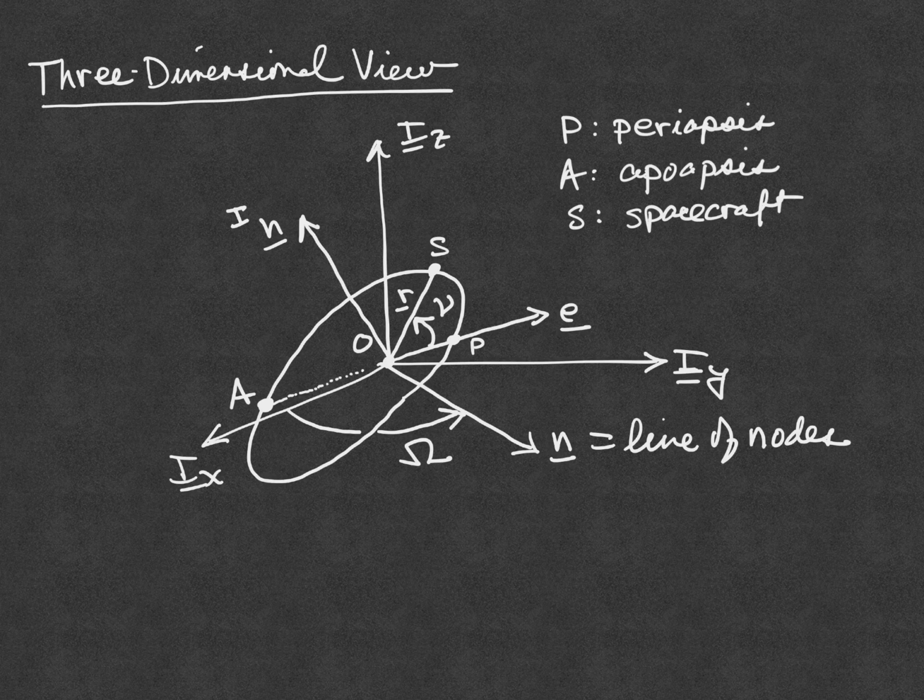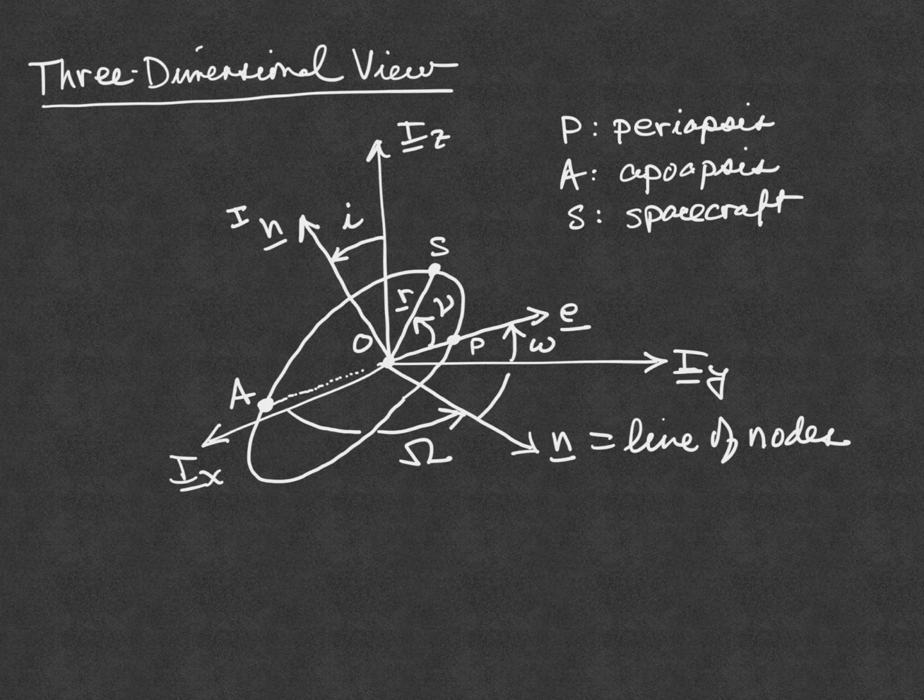And the inclination is the angle between Iz and H, and then the argument of the periapsis is the angle between N and E.